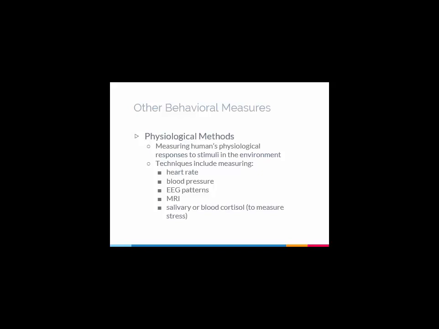One example would be if we're interested in studying people's interest level, maybe we hook them up to a machine to measure their galvanic skin response and pupil dilation. So here, we're measuring some physiological aspect of the individual in order to get an indicator of that person's behavior.